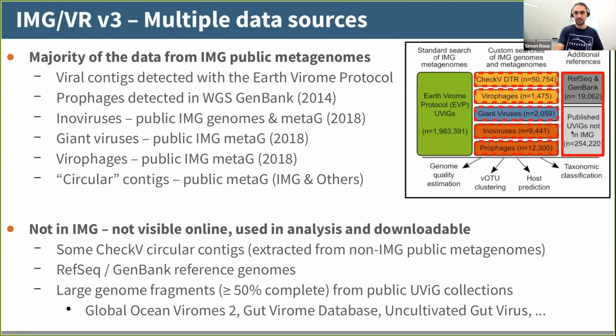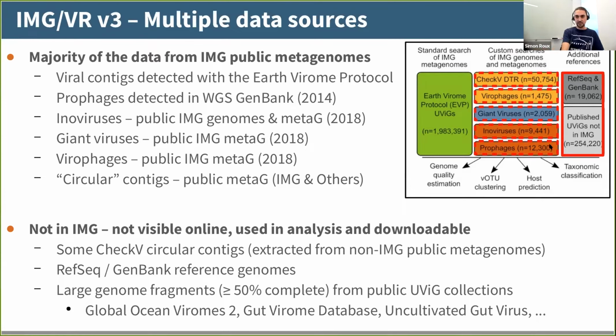Now, added to that, you have sequences that are not in IMG, so that are not visible online when you use the web interface, but we still included them in the database as references for host prediction or VOTU clustering, because there is some very important information, like isolate genomes from RefSeq and GenBank, or because they are well-curated and important datasets of UViGs from metagenomes, except these metagenomes are not on IMG.